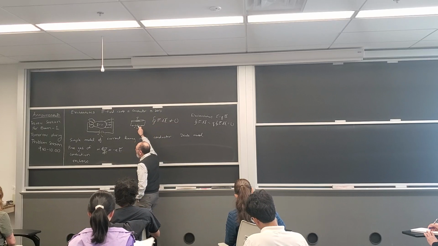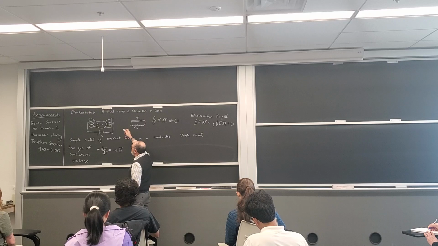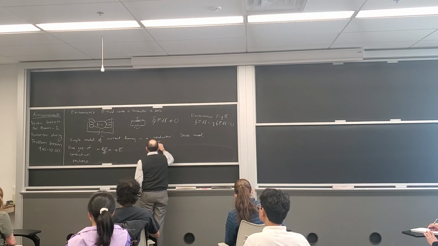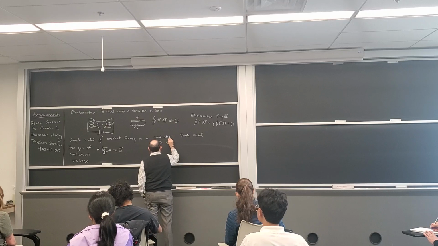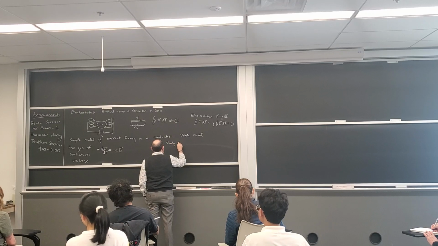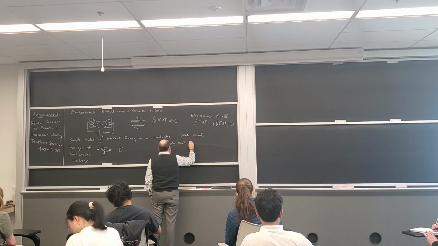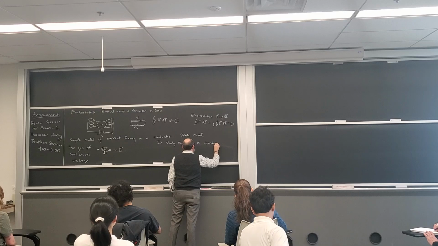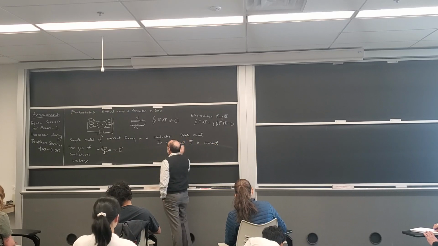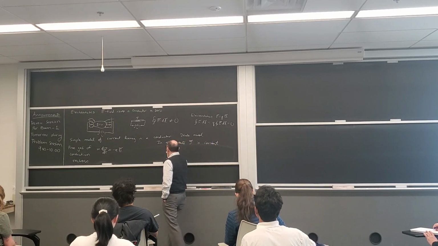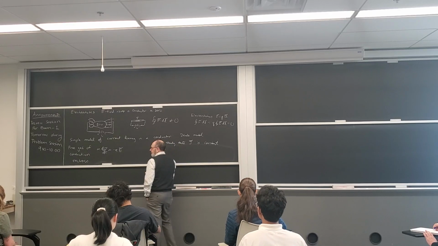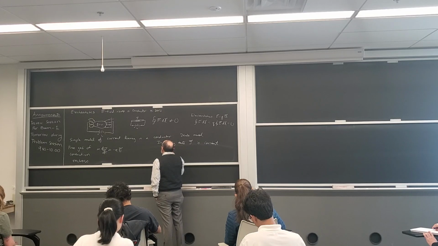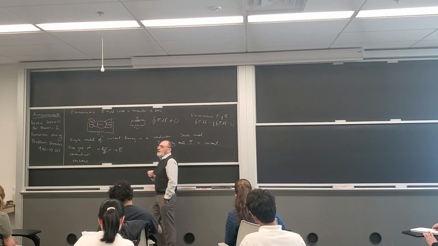Now, if I have a current density, and I think about this in steady state, this is constant. And of course, the current density will depend on the density of electrons.